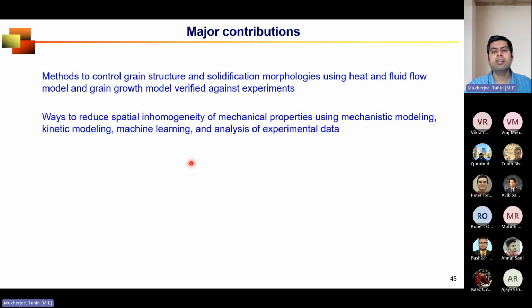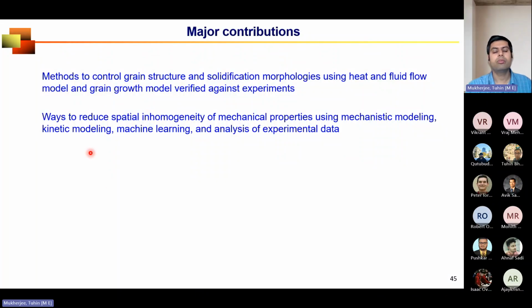Second is understanding the inhomogeneity in mechanical properties using modeling, machine learning and data analysis, because additive manufacturing is probably one of the very few advanced manufacturing techniques where we suffer from inhomogeneity in mechanical properties, and people have built their career on this.